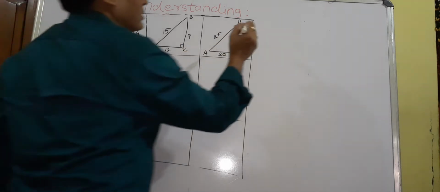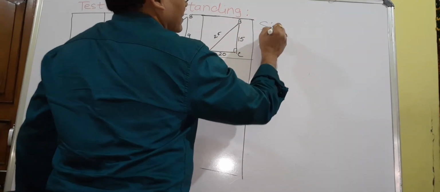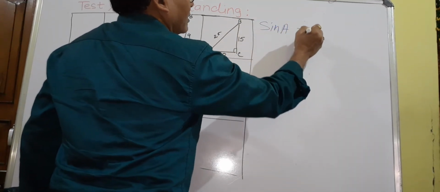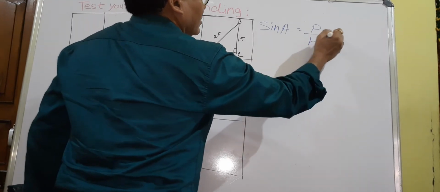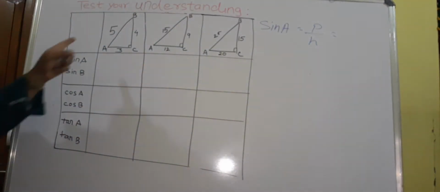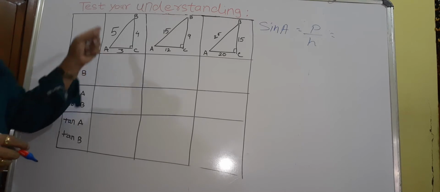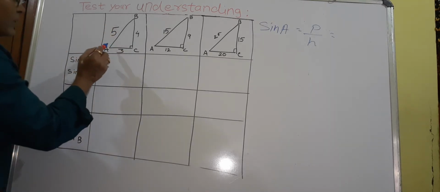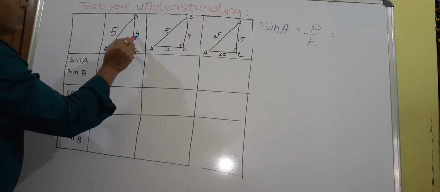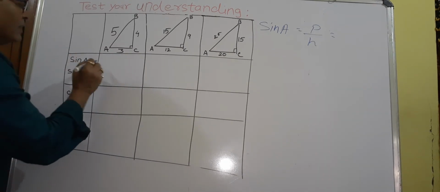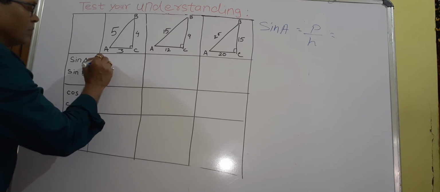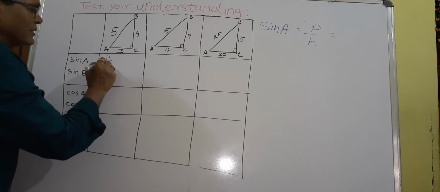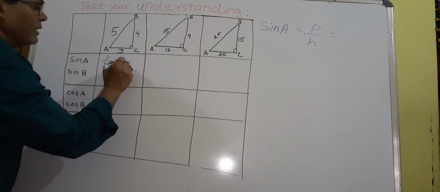So if we write sine A is equal to P by H, now you have to think for angle A which one is P and which one is H. Then only you will fill the correct value. So for this angle A, P is 4 and H is 5. P by H means 4 by 5.